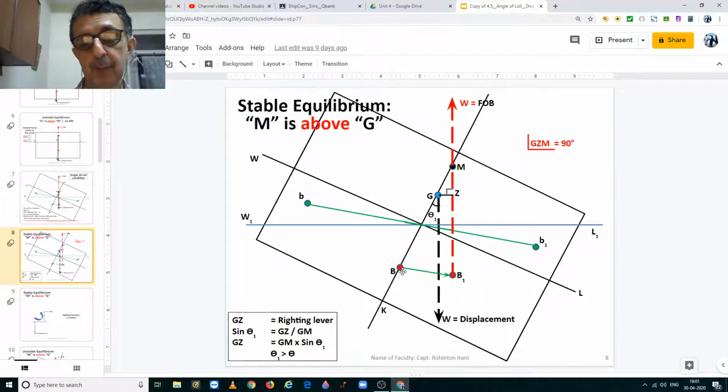The center of buoyancy, which was here earlier on, has now moved further away from the original center of buoyancy when she was in an upright condition. So what was generated is a righting arm, a righting lever, thereby generating a righting moment which brings her back to the angle of loll condition.